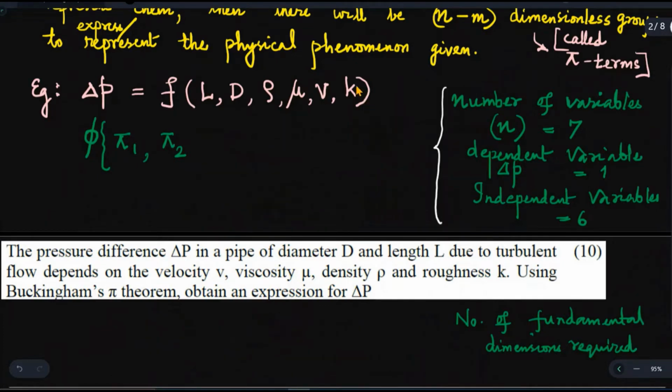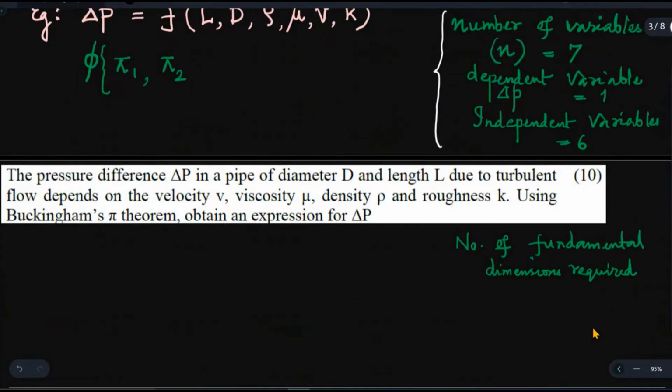Roughness means actually the height of the microscopic projections on the pipe surface. So that essentially has the dimension of length. So if you consider the variables involved in this problem, the fundamental dimensions required to express them are MLT only. The temperature is not required.